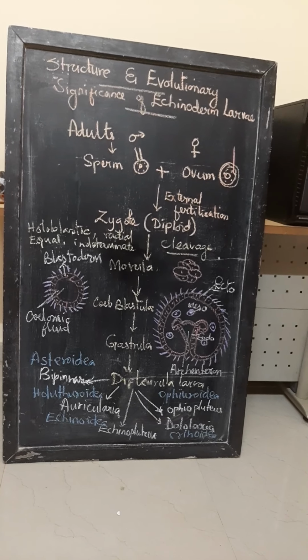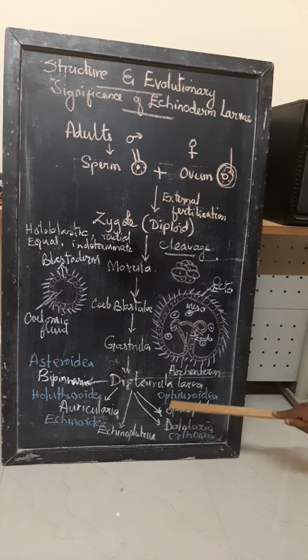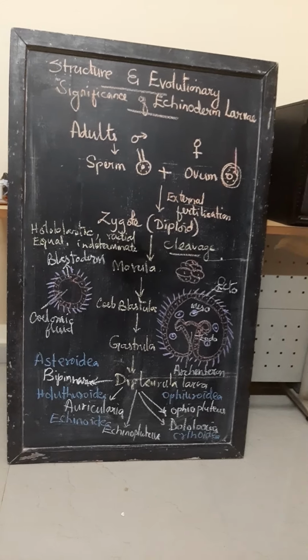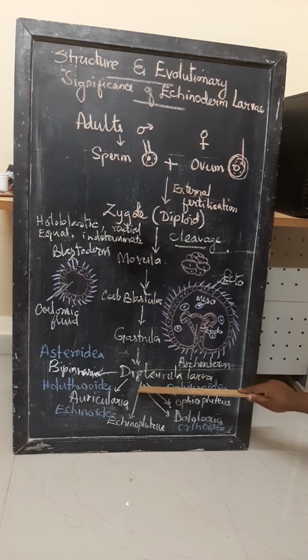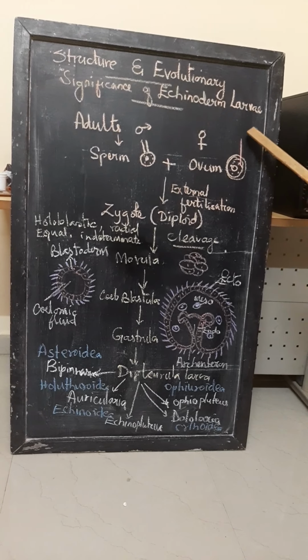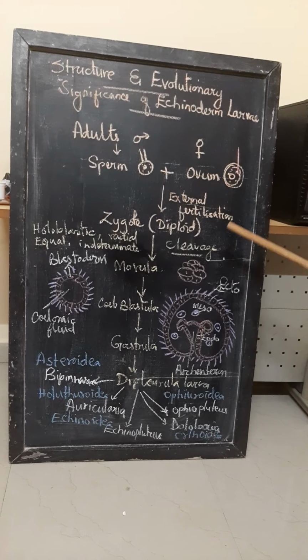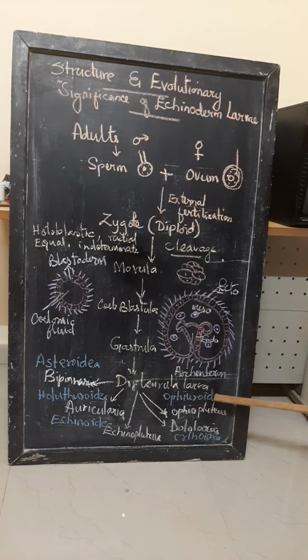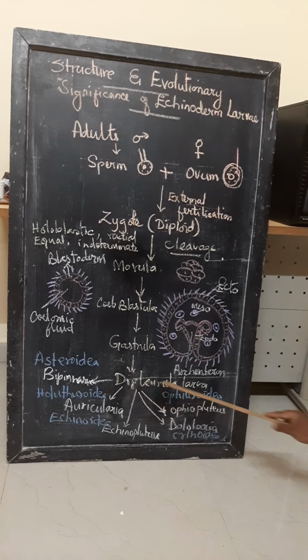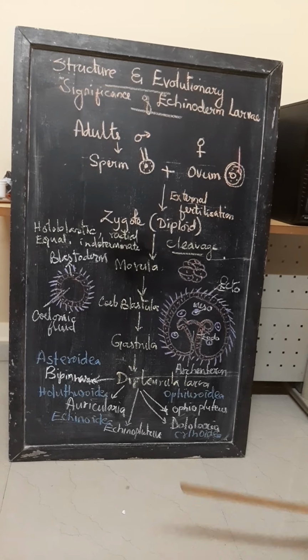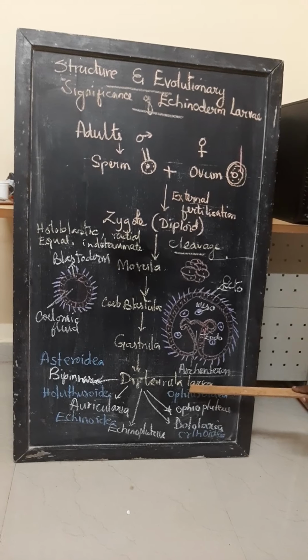All echinoderm larvae will show a common indirect developmental larval stage called dipleurula. Since echinoderms show external fertilization, the development is indirect. It includes the larval stages. The common larva of most of the echinoderms is the dipleurula larva.